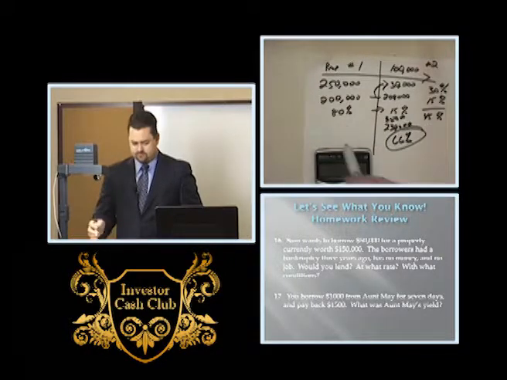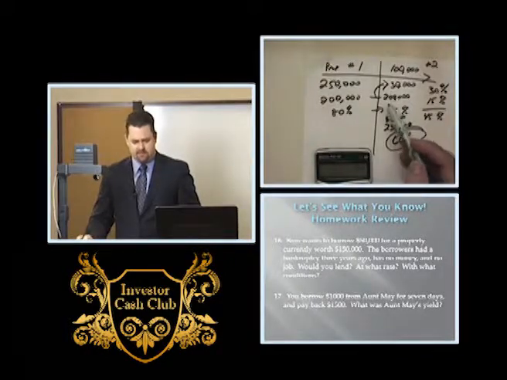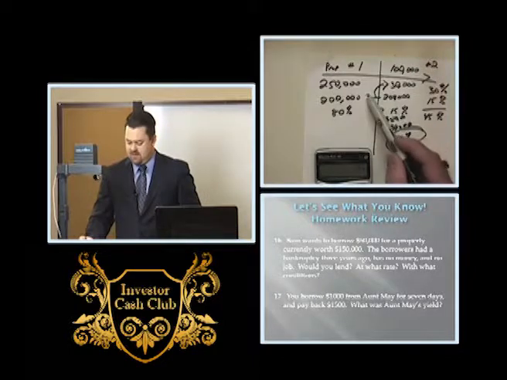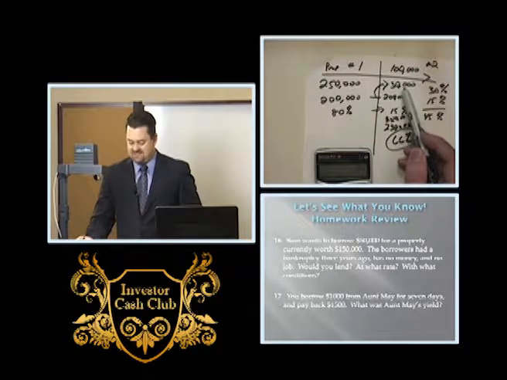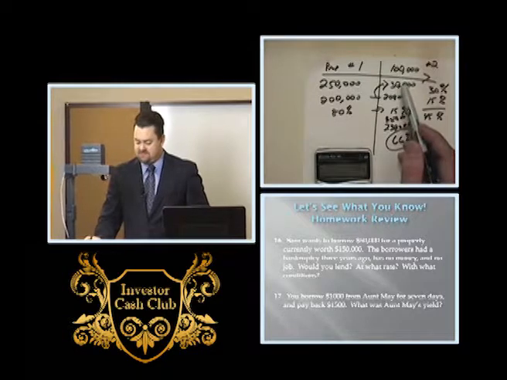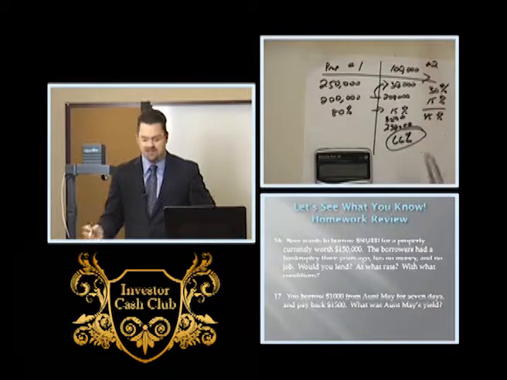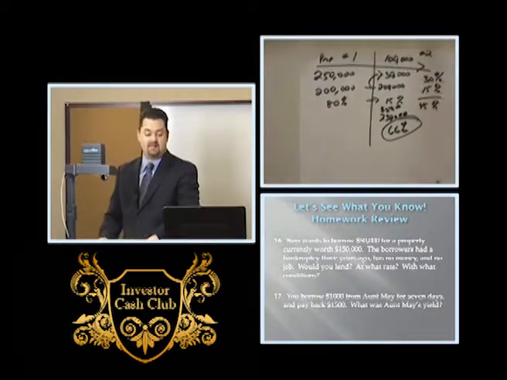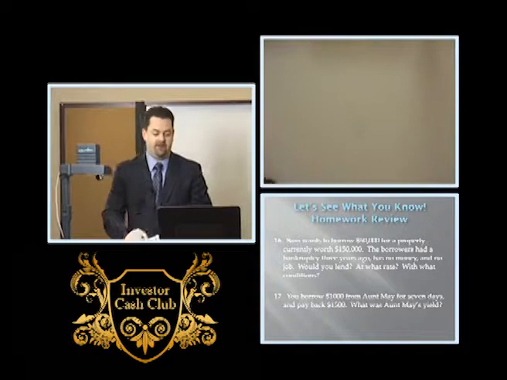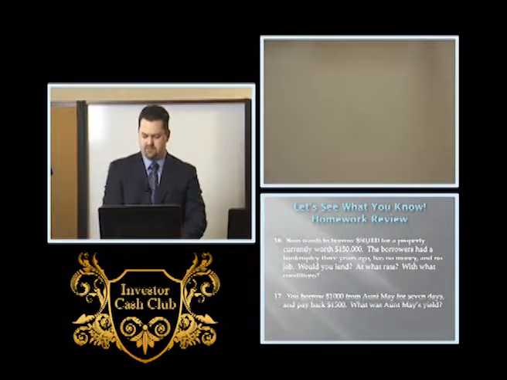But as you can see, by taking this loan and paying off this first trust deed, it puts me in a first lien position on the collateral as well as on the property being acquired. So good question, Gwendolyn.